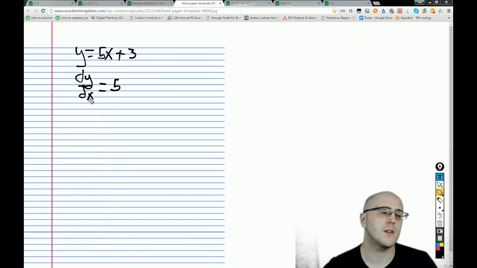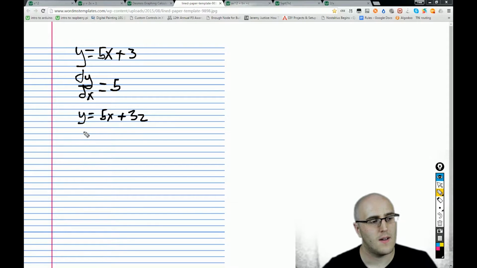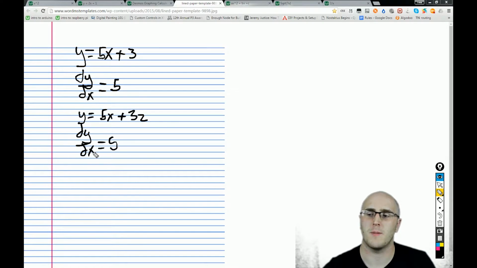And it's important also to understand what the role of these variables are here. This means the derivative of the function y with respect to x. If, for example, we had y equals 5x plus 3z, dy dx is still equal to 5, because you can only take derivatives with respect to one variable at a time.